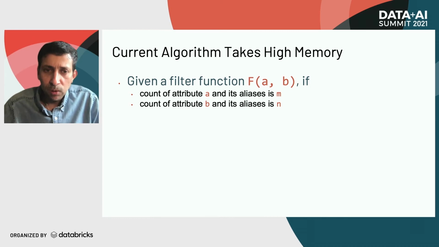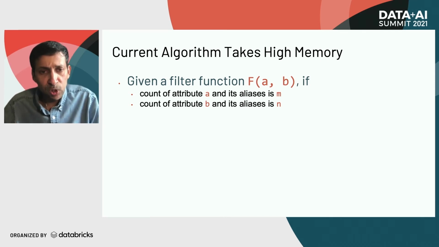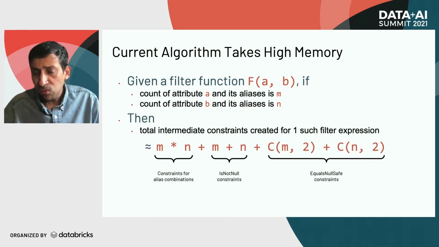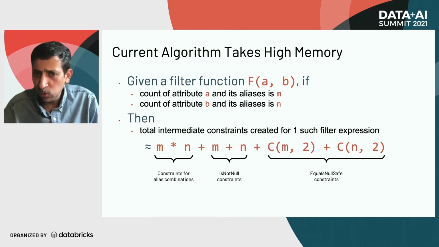So if we have a simple filter FAB, which is dependent on attributes A and B, and if the number of aliases of attribute A is m, and the number of aliases of attribute B is n, then the total number of constraints generated for one such filter expression is approximately given by this formula.